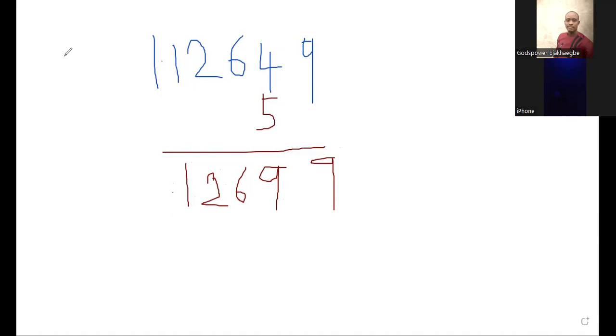What if I want to add 10 pips to this? The same thing is applicable. This should be 1 and 0. Can you see? That'll be 1 and 0.